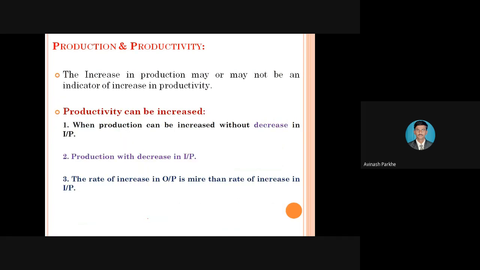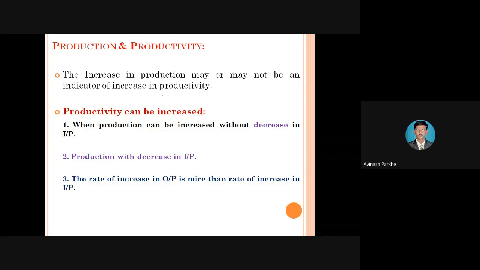If I compare both terms, increasing production may or may not be an indicator of increasing productivity.